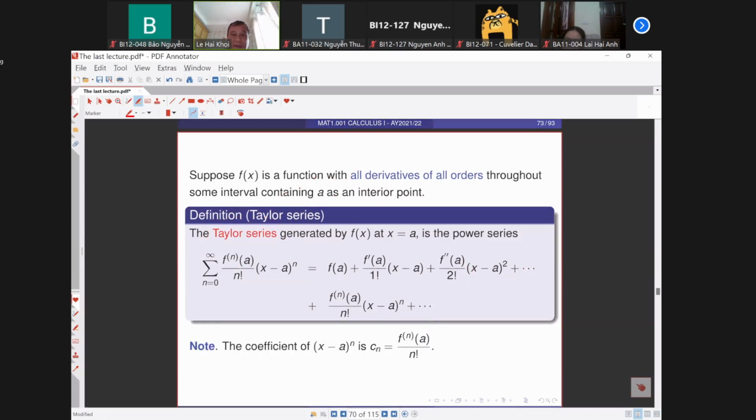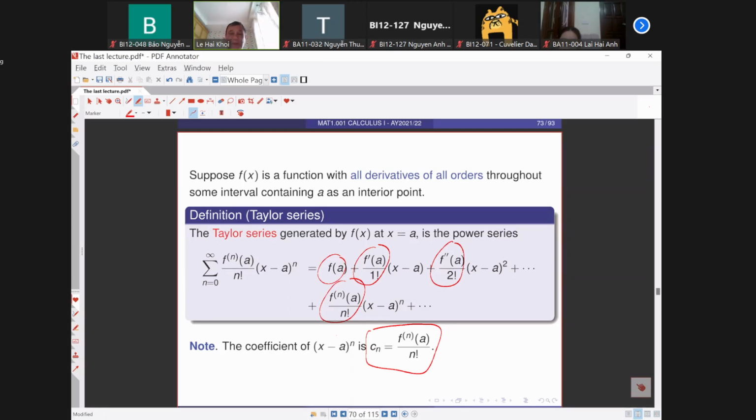The coefficient of that is exactly what we already talked about in the other slide. But they are different in the sense that we have a function, then we can get the Taylor series of that function. How about convergence?